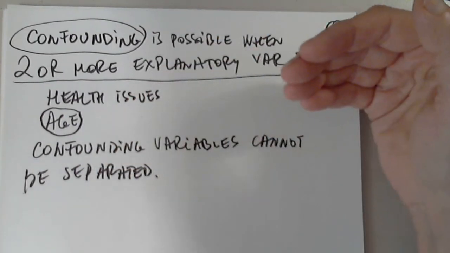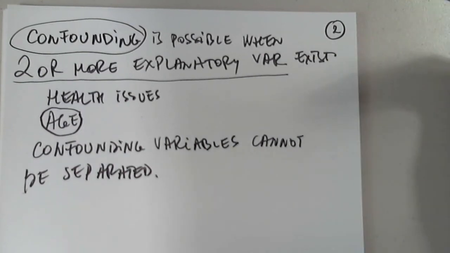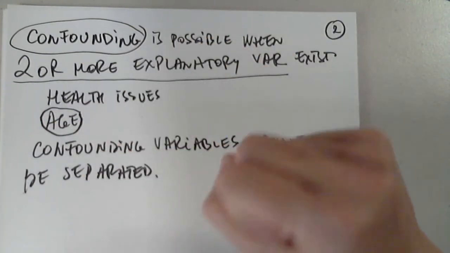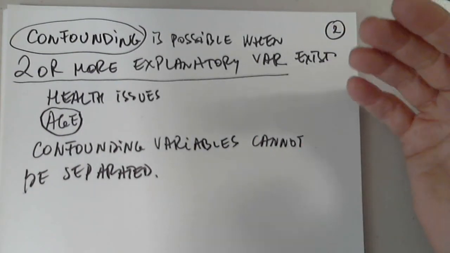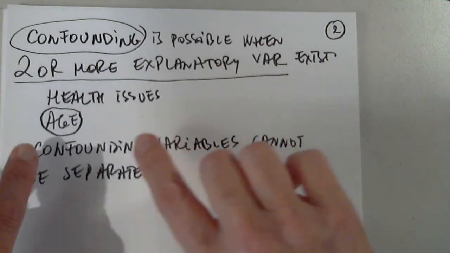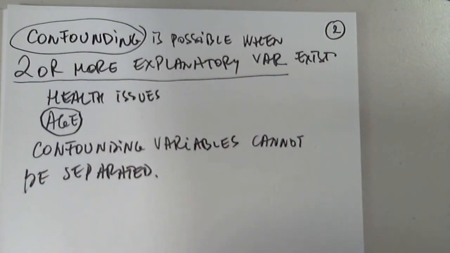So the habit of smoking X number of cigarettes or packs per day and the age are confounding variables. I cannot separate them. I study them both because I may separate the sample by age. So the confounding variables just cannot be separated, but they are studied. So the relationship that may exist between the explanatory and the response variable can be due to some other variable not accounted for.